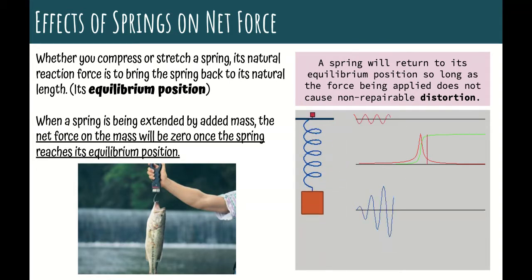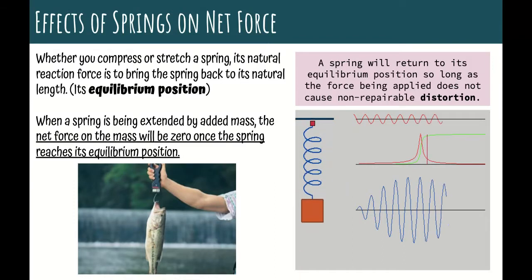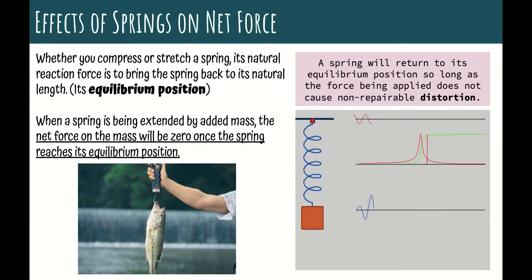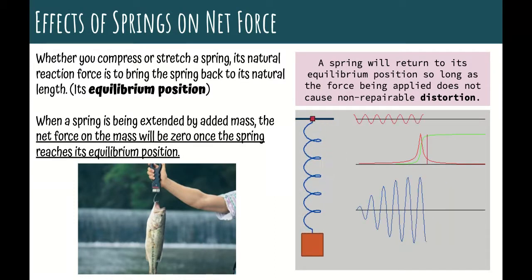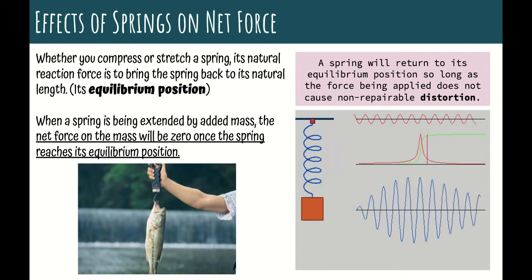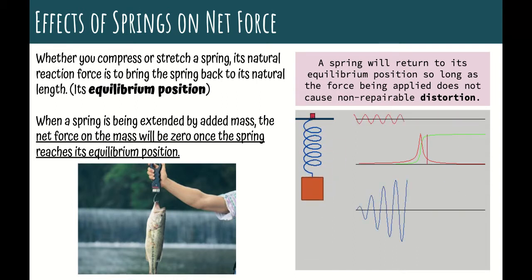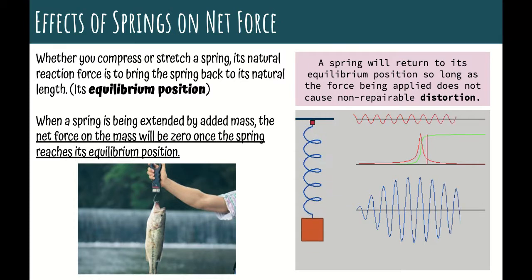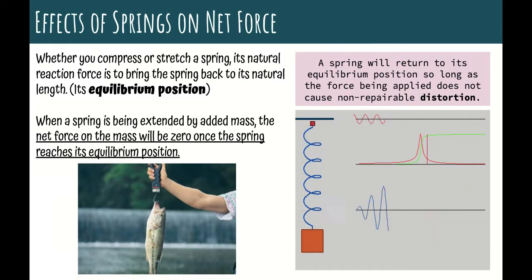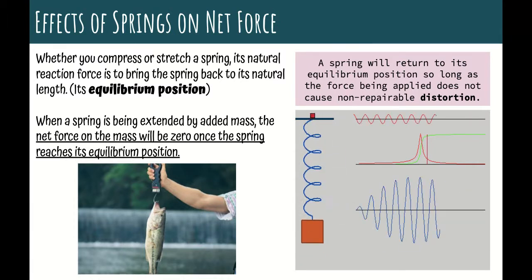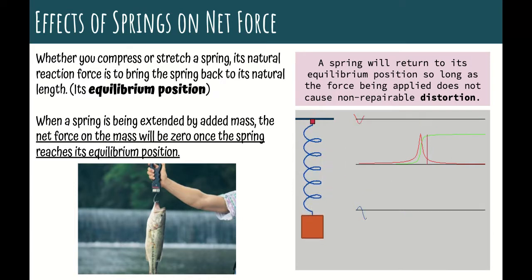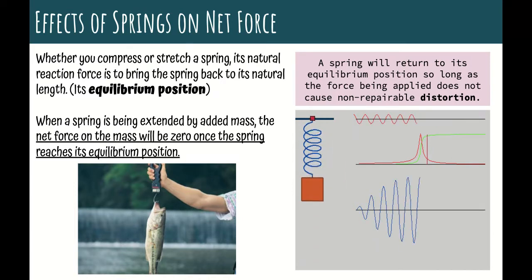So when a spring is being extended by adding mass, the net force on that mass is going to be 0 once the spring reaches its equilibrium position. Take this example with the fish on the scale. Some of you might be fishermen, so when you weigh a fish, you're usually using a device that involves a spring.